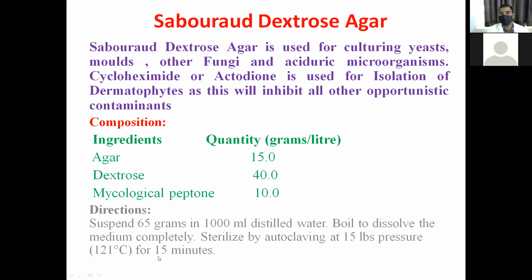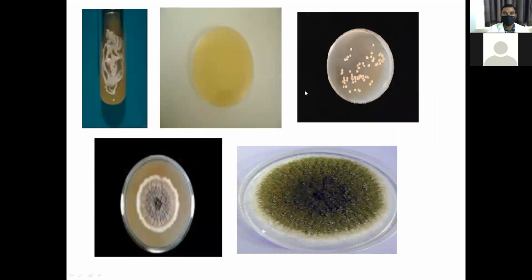On Sabouraud dextrose agar media, powdery colonies of Aspergillus fumigatus, Candida, Cryptococcus will grow like this. Usually used media are Sabouraud dextrose agar media.